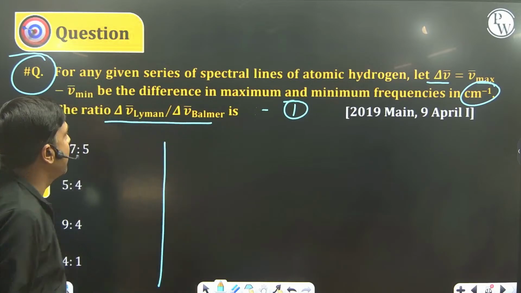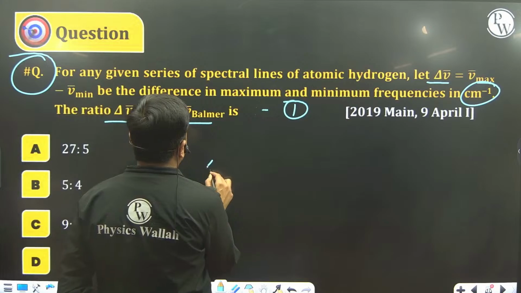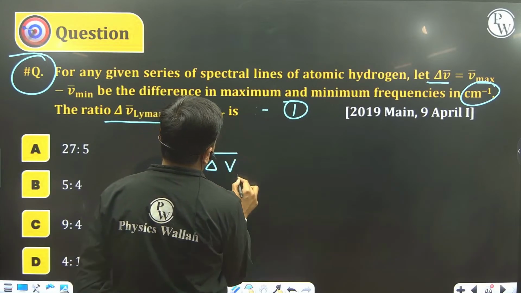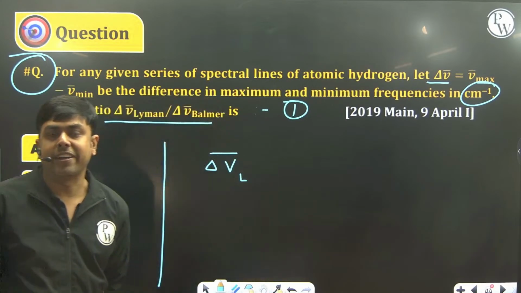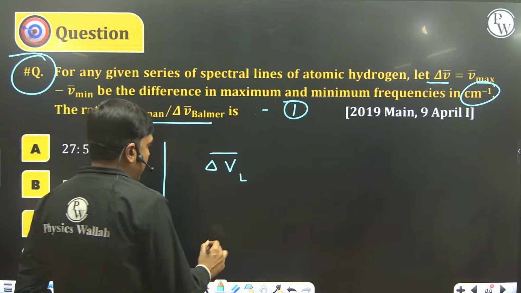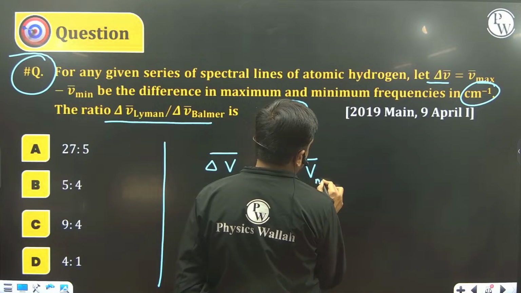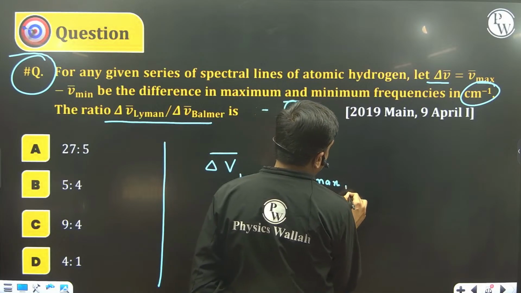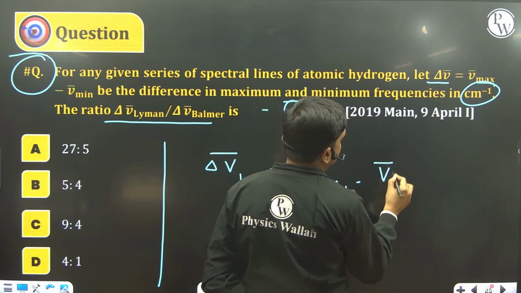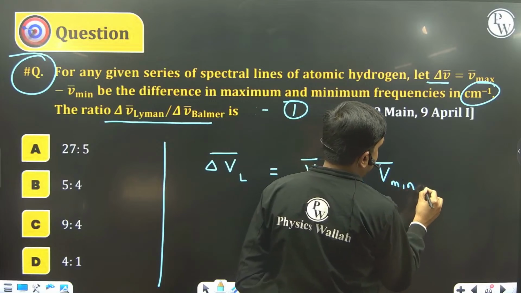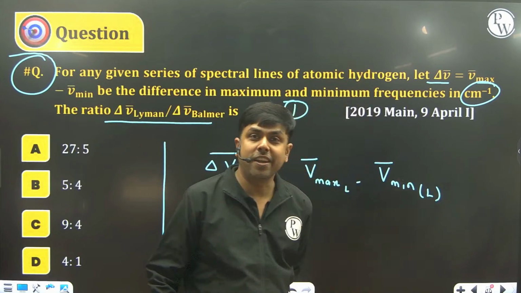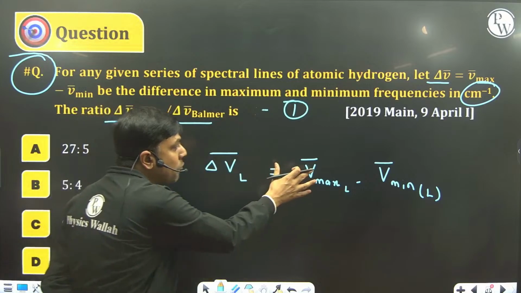Let's calculate this delta of mu Lyman. Lyman, I will write it as L, and which is nothing but mu bar max L minus mu bar min L, right? What is this mu bar?